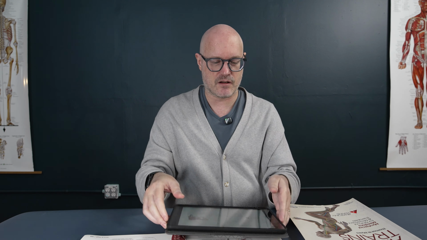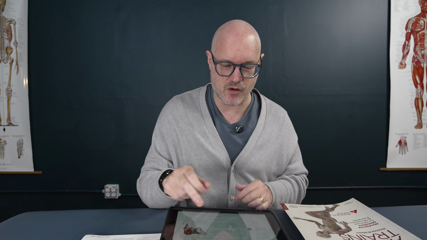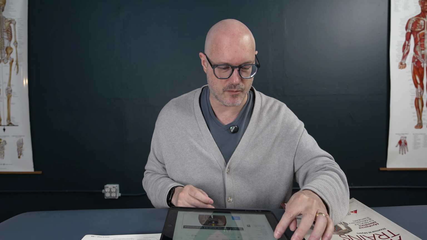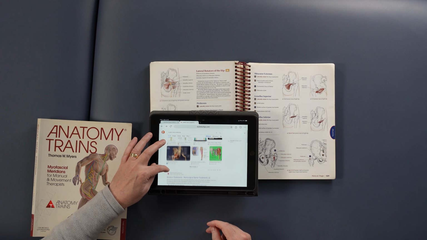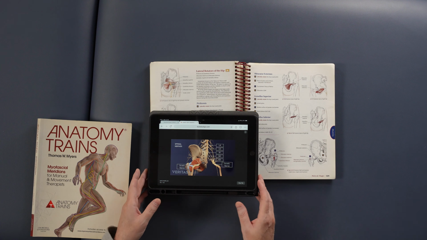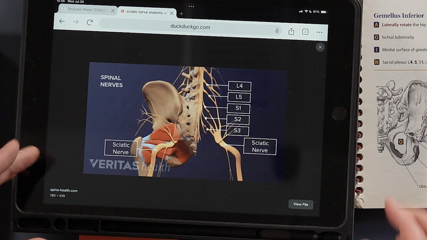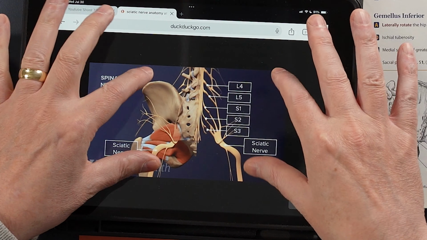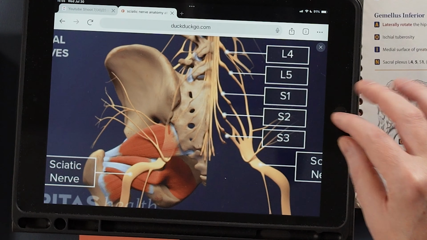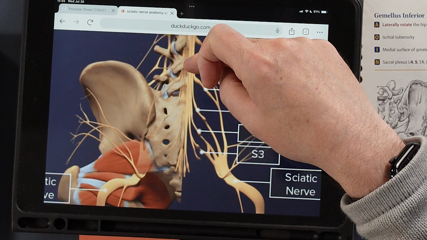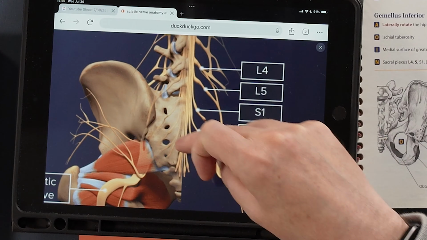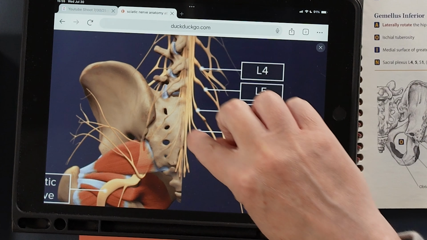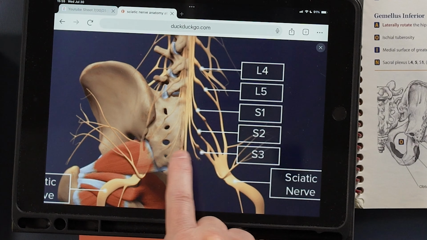So let's make some distinctions. I should just show here. I hope that this can show up on camera. Let's see. So here we have an image. This is what I was talking about with the nerve roots coming out of L4 through S3, right? And here would be the bundles of nerves coming out of the different vertebra, and you can see it on this side.